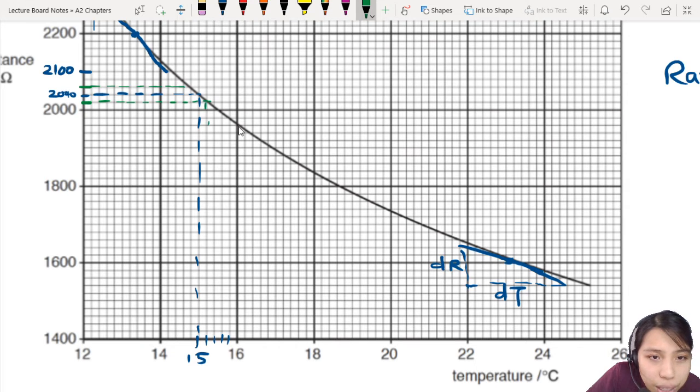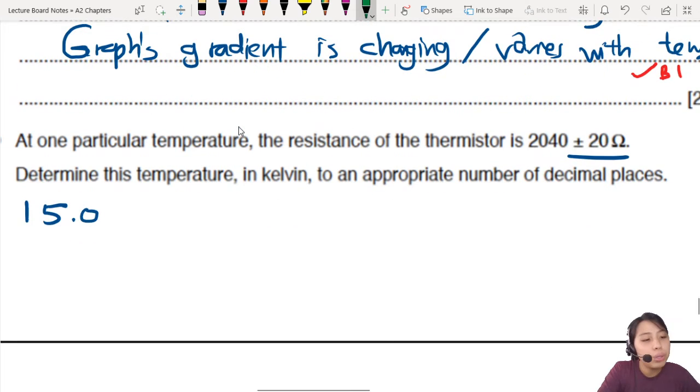Just to double check, this part of the question actually doesn't need uncertainties, but I just want to show you how to deal with it on graphs. My, there's many lines. It looks like it's very nicely 2 boxes. So that will be 14.8 and 15.2. So plus minus 0.2 also. Okay, nice and sweet. 0.2 Celsius.